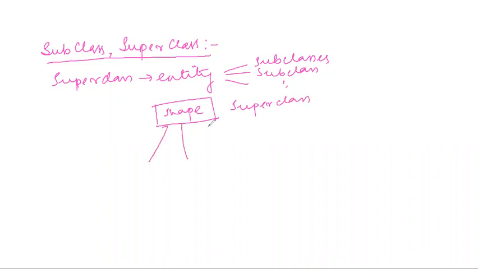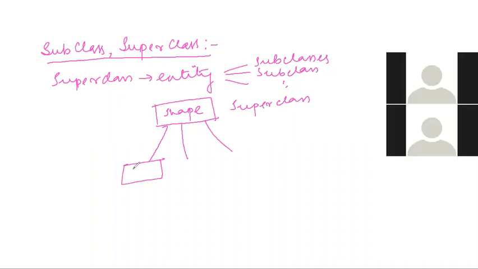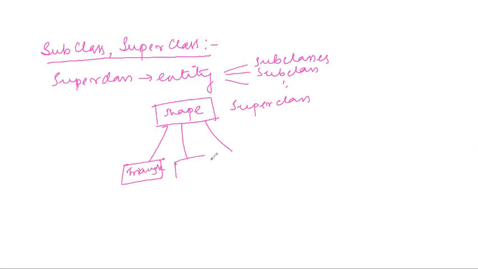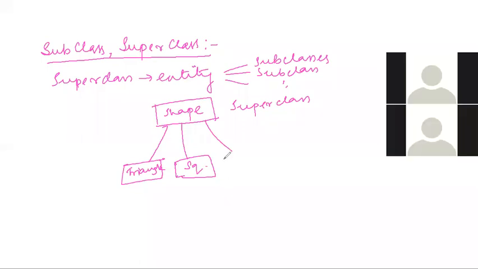Then under this shape I can have triangle, I can have square, I can have circle. So all these shapes I can have under this shape superclass. So shape superclass can have subgroups or subclasses like triangle, square and circle.